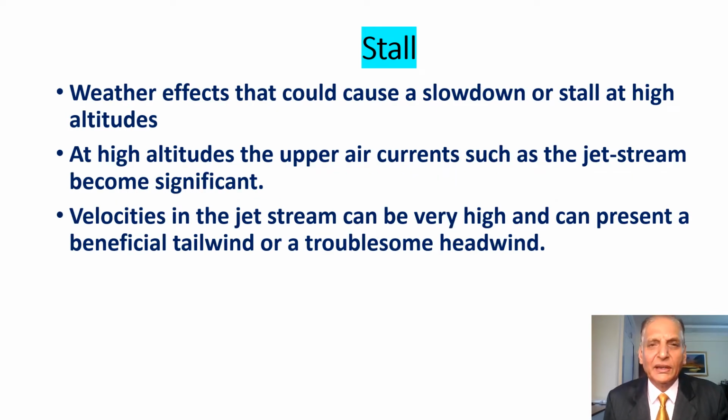Weather effects that could cause a slowdown or stall at high altitudes. At high altitudes, the upper air currents, such as the jet stream, become significant. Velocities in the jet stream can be very high and can present a beneficial tailwind or a troublesome headwind.